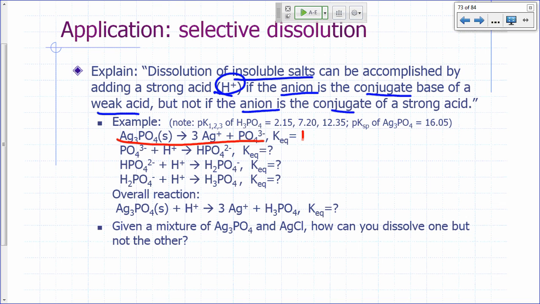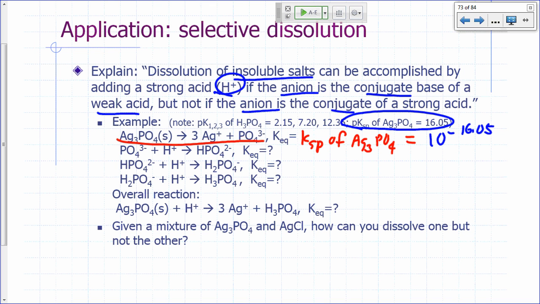The KEQ for this is called the KSP of silver phosphate. If you look up the KSP, you'll find that the pKsp is 16.05. So what is the KSP? If pKsp is 16.05, KSP is 10 to the negative 16.05. That's a very small number.